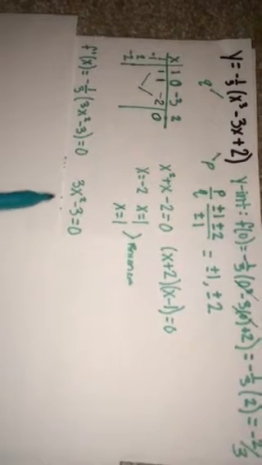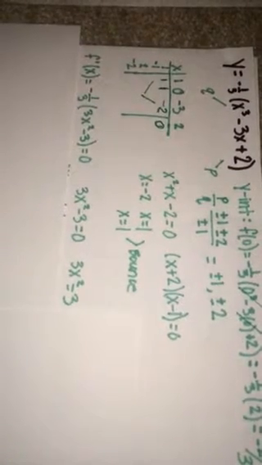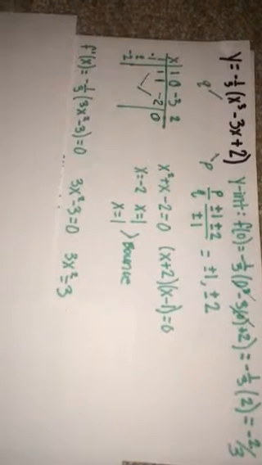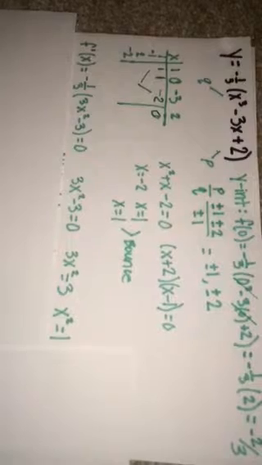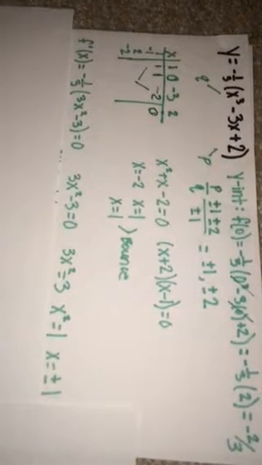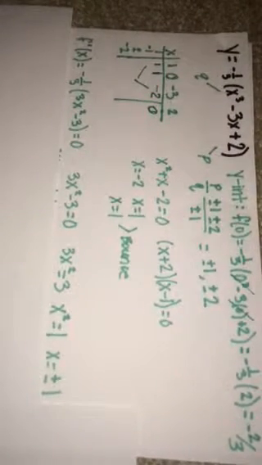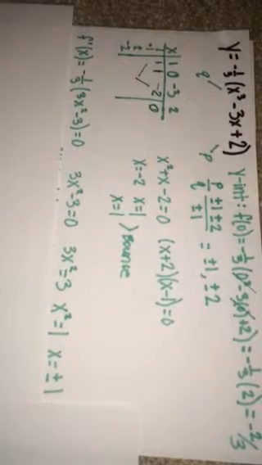Next, what you want to do is add 3 to the opposite side. That's going to give you 3x squared equals 3. Multiply or divide each side by 3, and that's going to give you x squared equals 1. Then you're going to take the square root of both sides, and that's going to give you x equals positive negative 1. These are your maximum and minimum values.